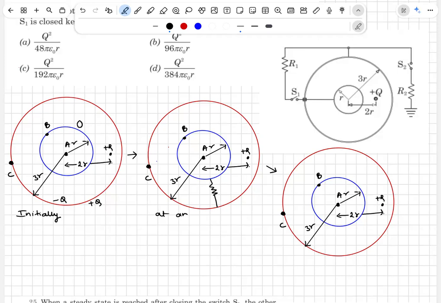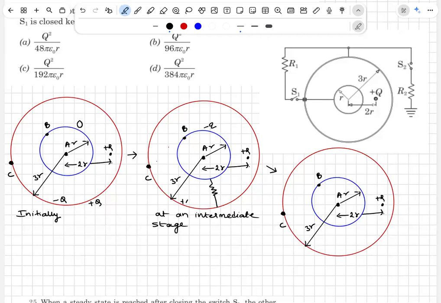At an intermediate stage, I am assuming some minus Q charge here, because charge has to flow from the inner shell to outer shell to make inner and outer the same potential.